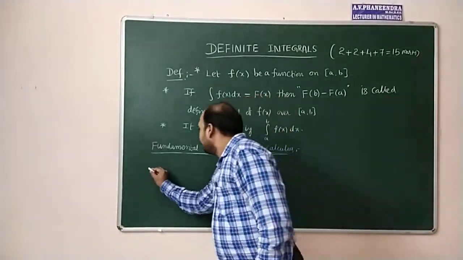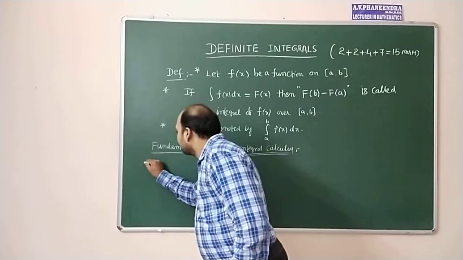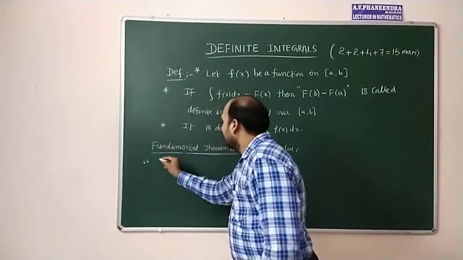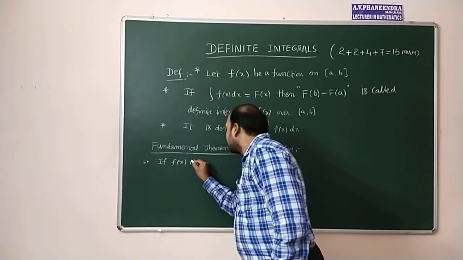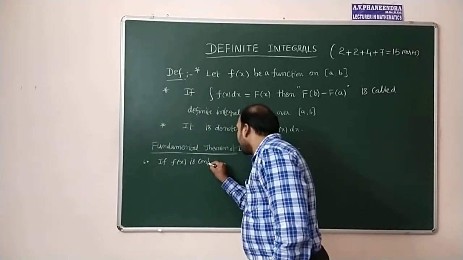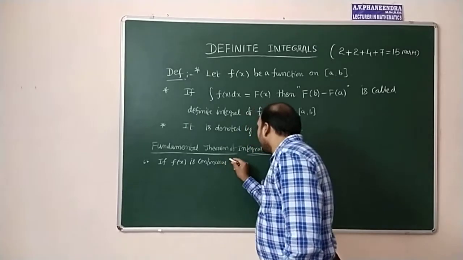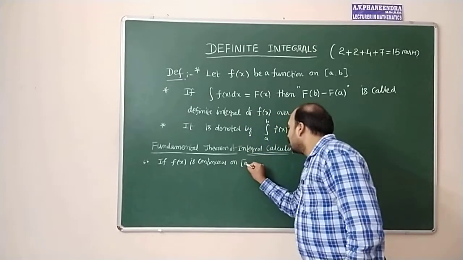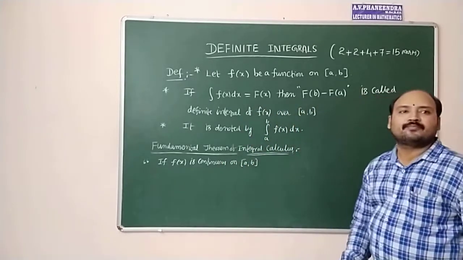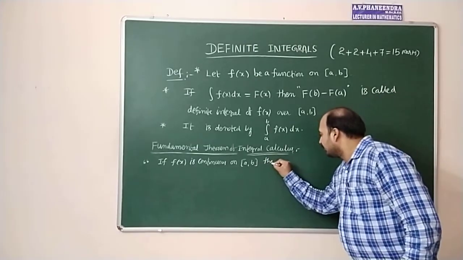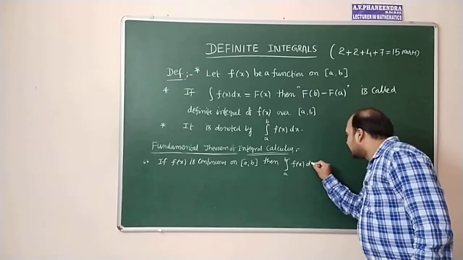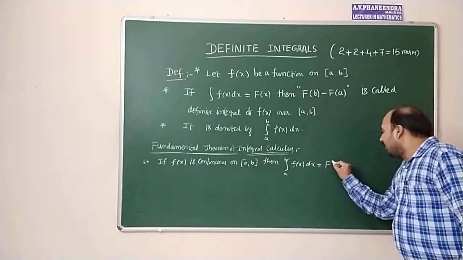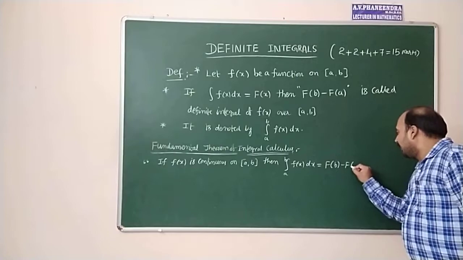Once again I'll write. If f of x is continuous on the closed interval a comma b, then integral a to b f of x dx is equal to capital F of b minus capital F of a.